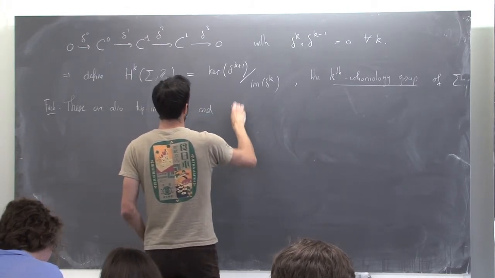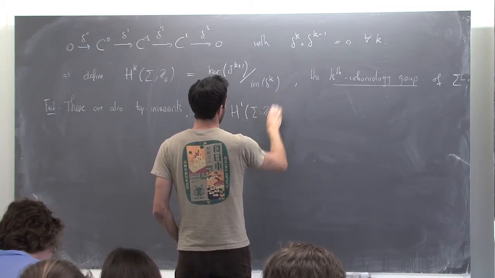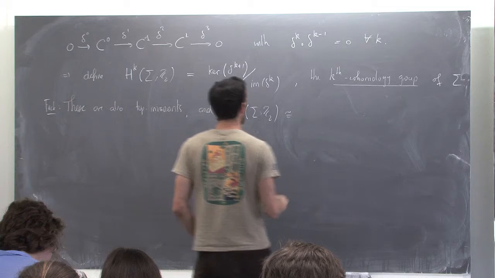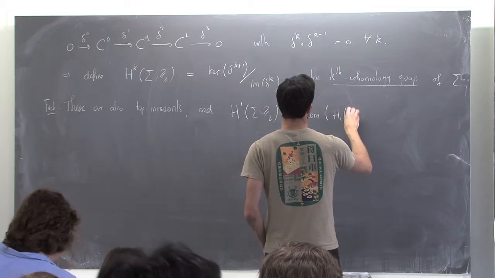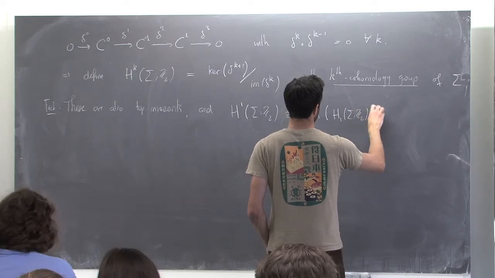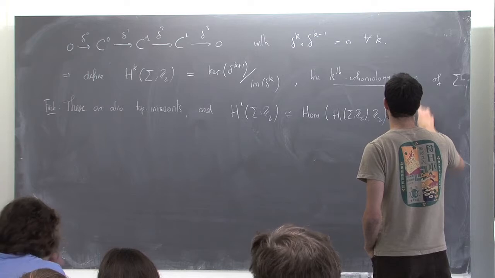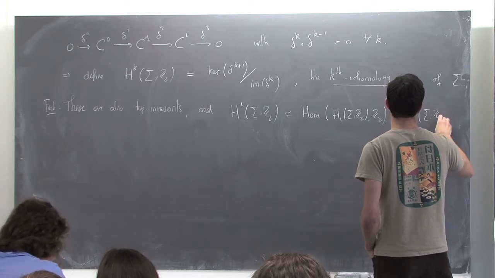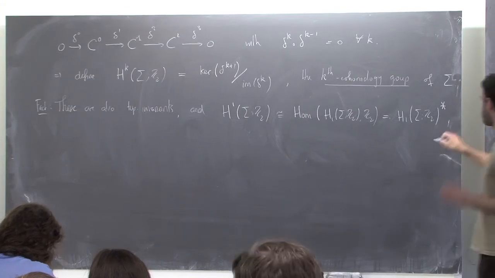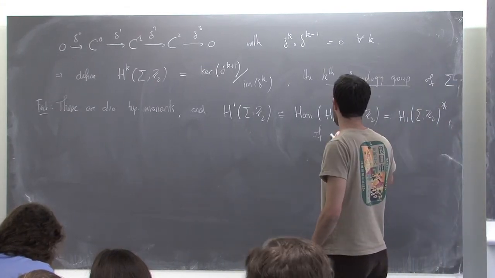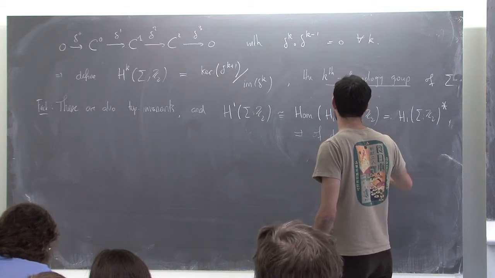And if you look at H upper 1, first cohomology group, actually it is isomorphic to the dual hom of H1 of sigma, which I want to denote like this. So in particular, it is of dimension 2G.